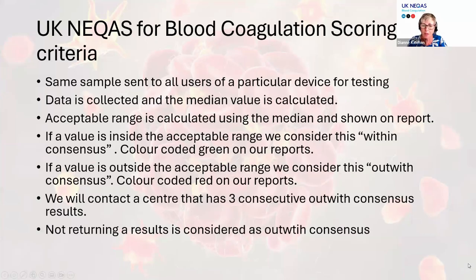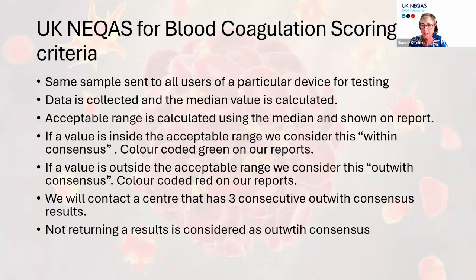So what do we do at blood coagulation? Well, we have a similar format for all our programs. We send the same sample out to all the users of a particular device for testing. They test it and submit their results. Data is collected, and we find the median value, which is just by lining all the results up and taking the midpoint. It's a posher way of doing the average, so it's less affected by any outliers.